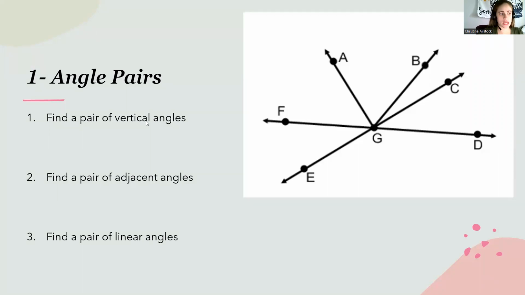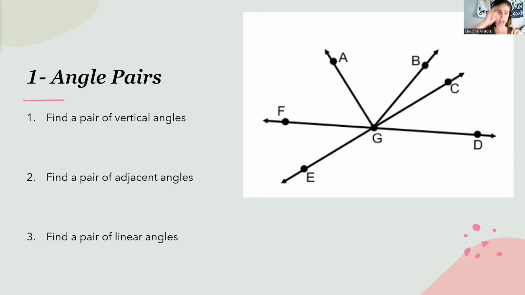Using this graphic, we need to identify a set of vertical angles, adjacent angles, and linear angles. All right, remember with vertical angles, if your angles are twisted, they're not always vertical. But the thing that I use to remember them is they kind of form an X and they're across from each other.